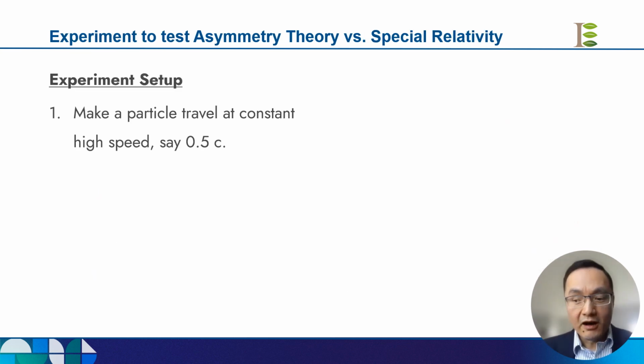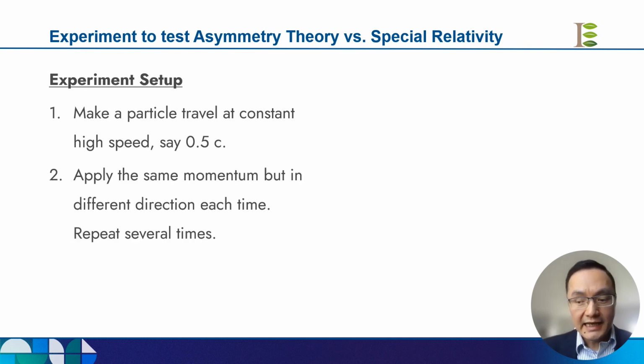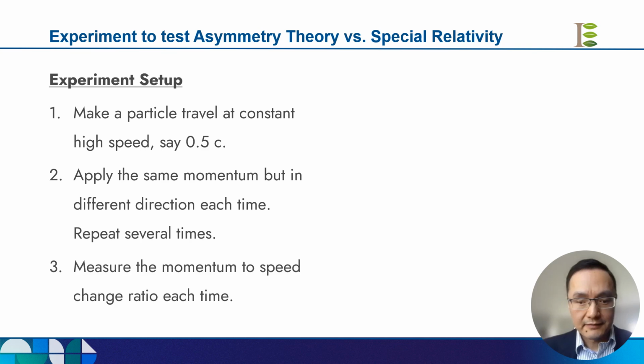Now, based on this prediction, we can set up a simple experiment. We can make a particle travel at constant high speed, say 0.c. And then we can apply the same momentum, but in a different direction each time. Repeat several times.